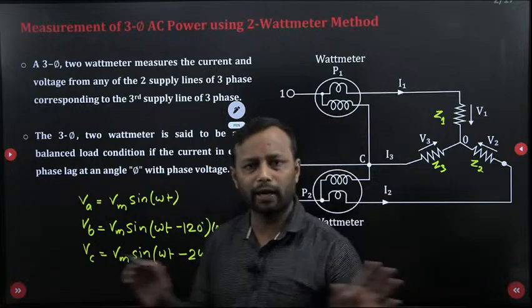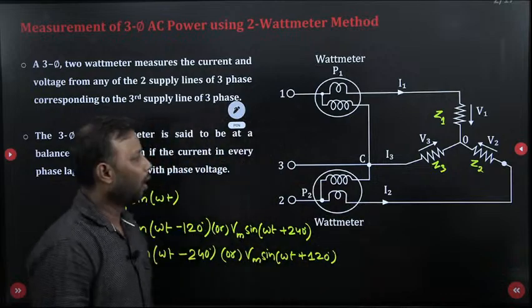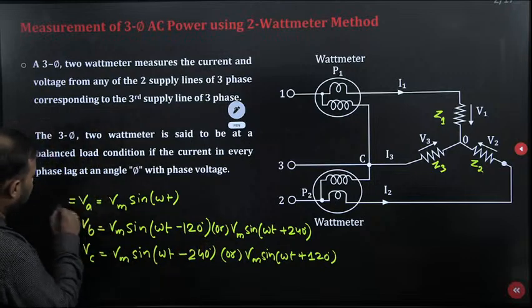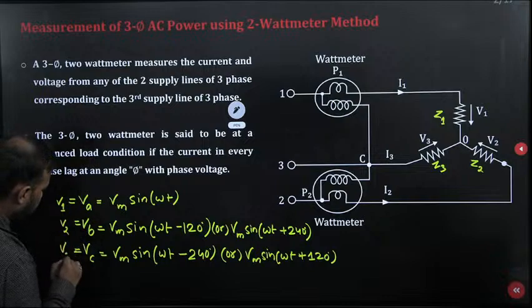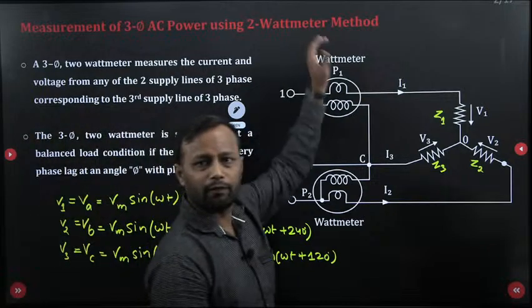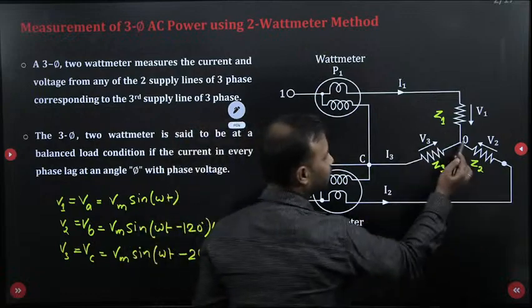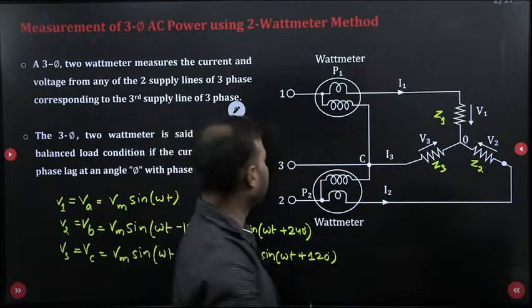Do not get confused; once we draw the phasor diagram, you will come to know. All right, so these are your phase voltages which I have written here: V1, V2 and V3. If you see carefully, this is your 1st phase, this is your 2nd phase, and this is your 3rd phase. Done? Okay, all right.